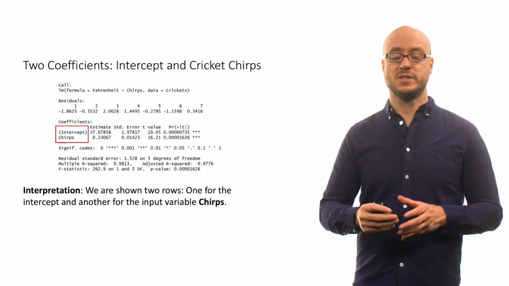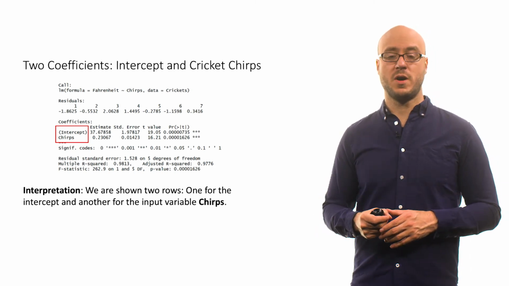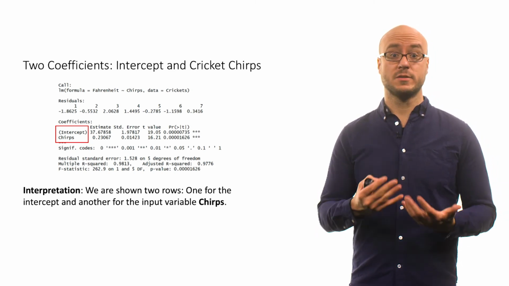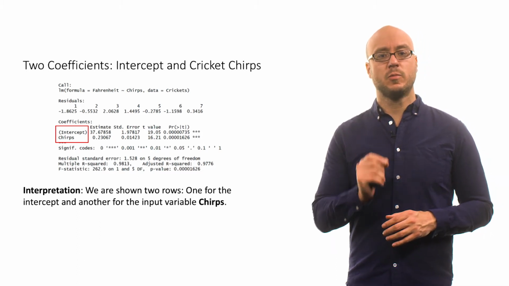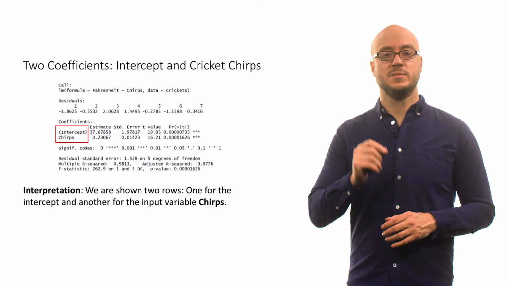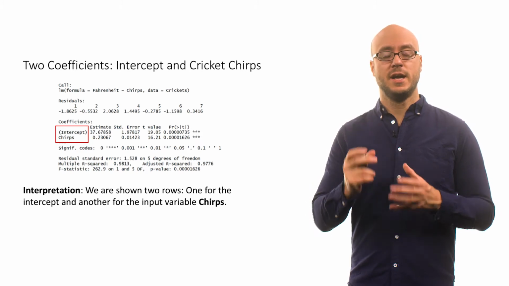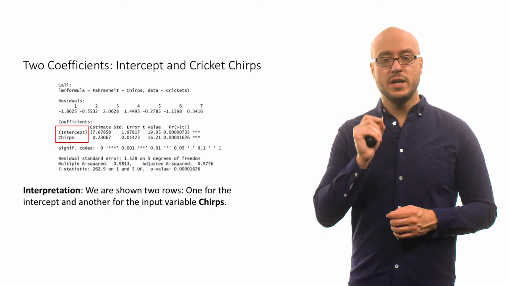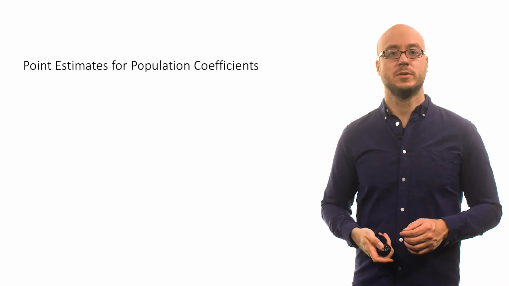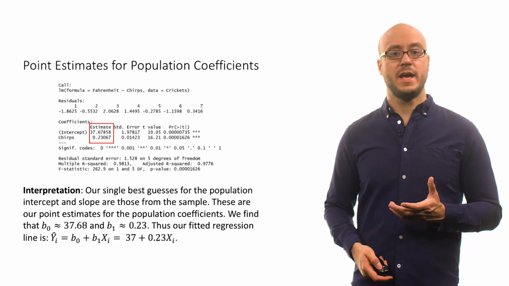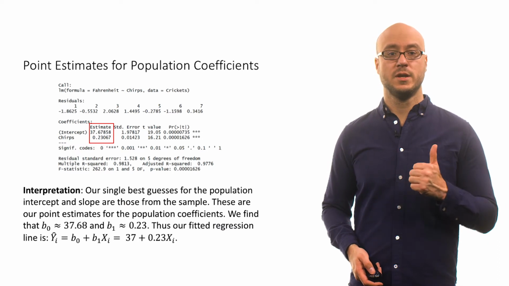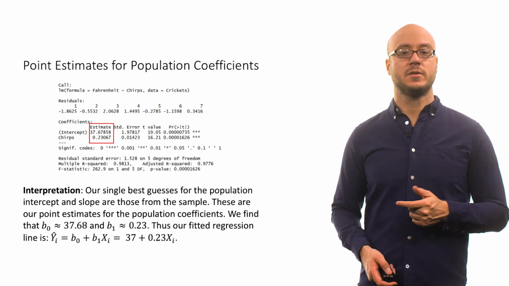It's synonymous. If somebody says, what's the constant in your model? Well, they're talking about the intercept. That's all it means. We also have a row for point estimate, standard error, t-ratio, and a p-value for this slope, for our input variable, cricket chirps.